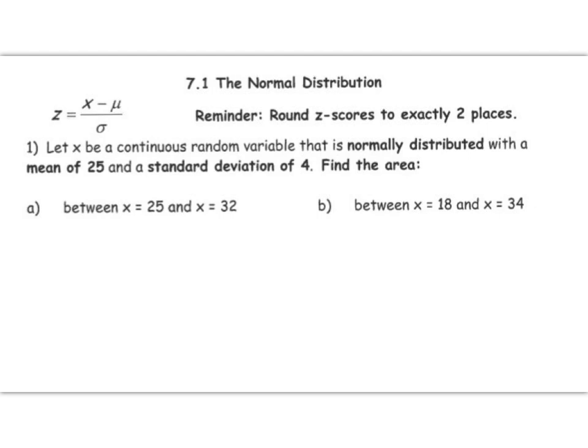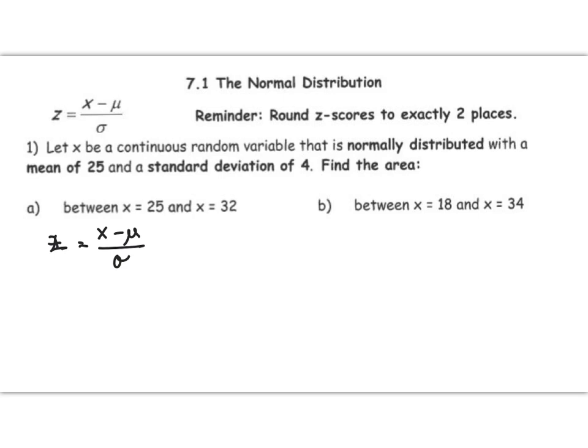Okay, often you'll have to find the standard score before you actually calculate the percentage or the proportion. And you'll remember that to find the standard score, it's equal to your data point minus the mean divided by the standard deviation.